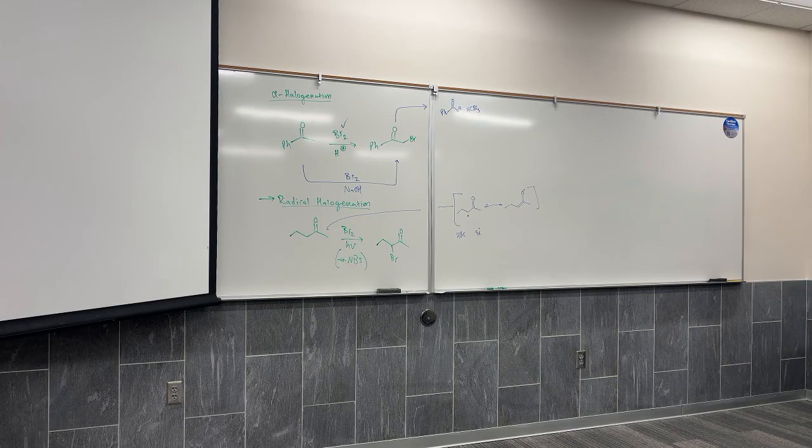Would that be considered an enolate? That's not an enolate, right? Because it's a radical, not a charge. So I would say it's an enol radical. I haven't actually heard a term given to it.